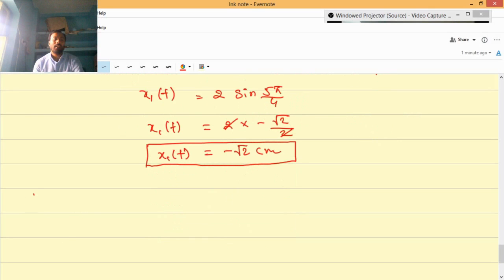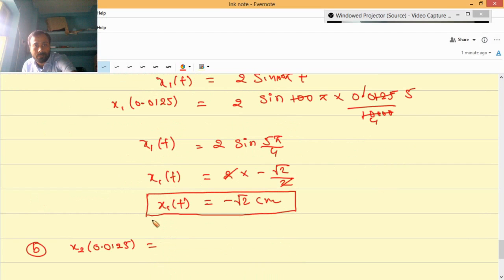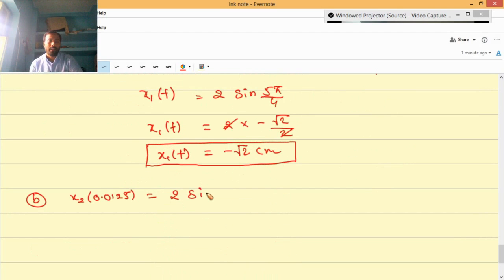Similarly we have to evaluate the value for x2, and again t will be 0.0125, and the equation was 2 into sine, 120 pi into t plus pi by 3.